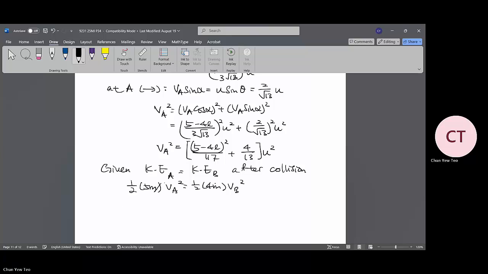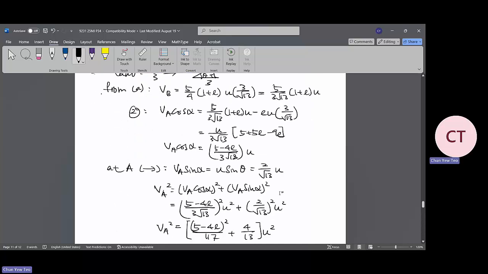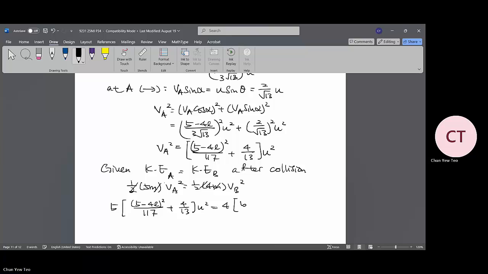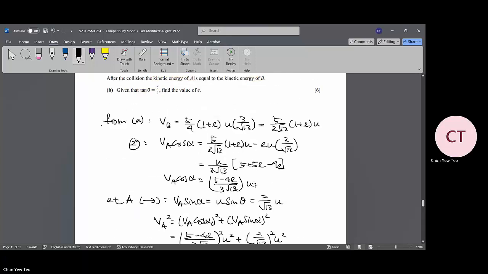Cancel the m, cancel the half, you get 5 VA squared, as I have written just now, is equal to 4 VB squared. VB squared was 5 over 3 root 13 of (1 plus E) U, squared.